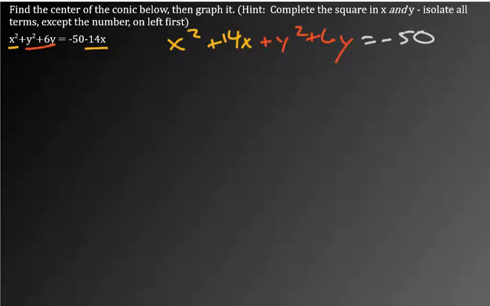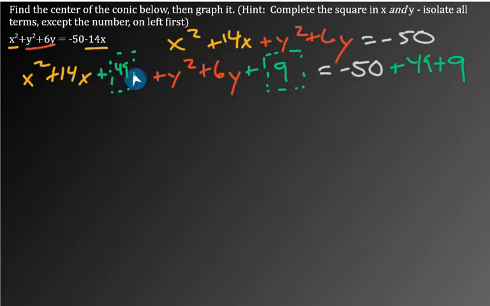If you want to review completing the square, definitely go back and watch that video. There's a ton in that video where I explain why that is the thing that we have to add. But in this case, what we would add is the following.